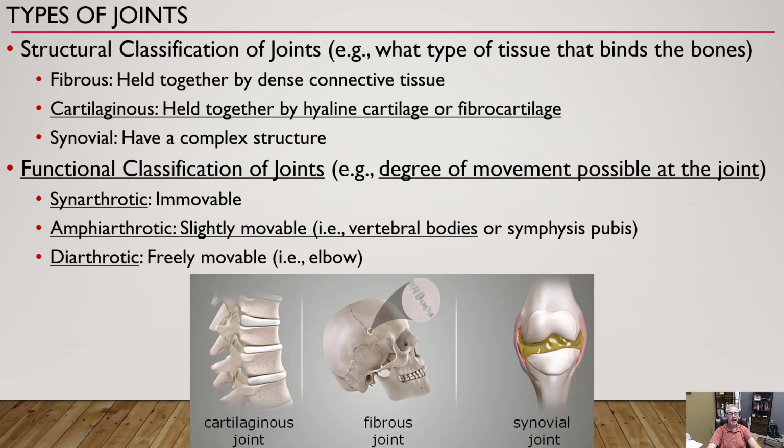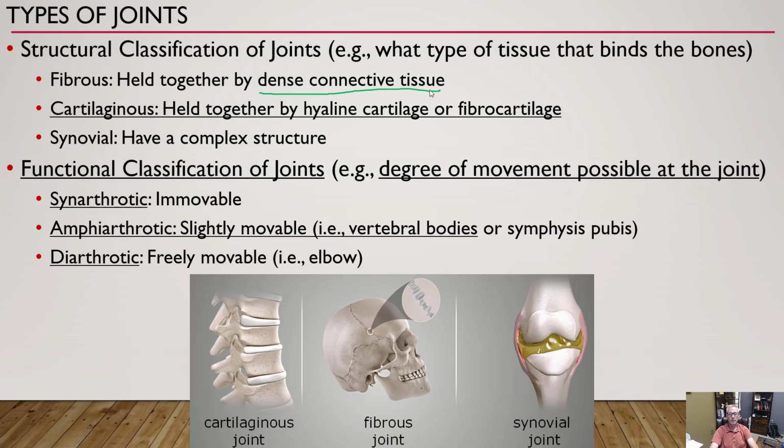All right, so we have many different types of joints, and we can classify those joints structurally based on what type of tissue binds those bones together. And we have three different types of structural classifications. We have fibrous joints, cartilaginous joints, and synovial joints. Fibrous joints are held together by dense connective tissue.